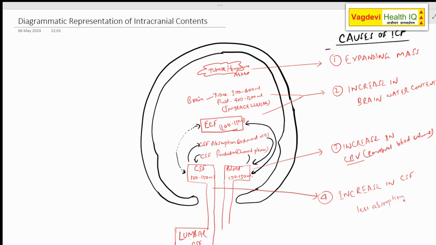More secretion is quite rare. It is mostly the less absorption of CSF, which increases the volume, and then it causes the raised ICP. Clear?